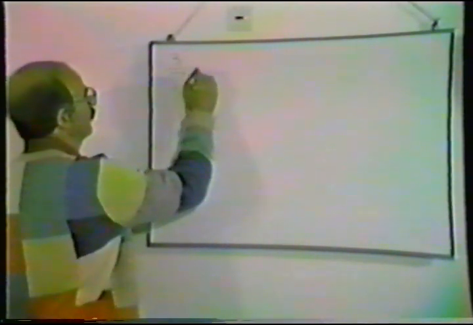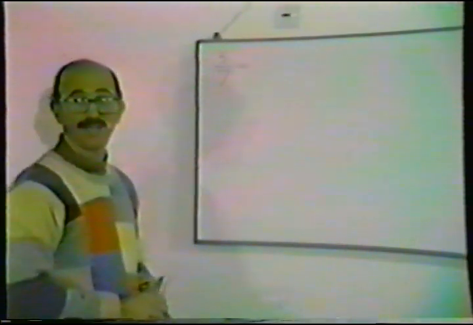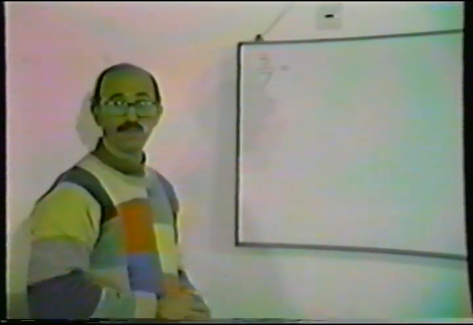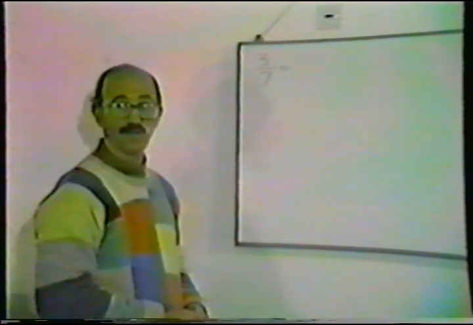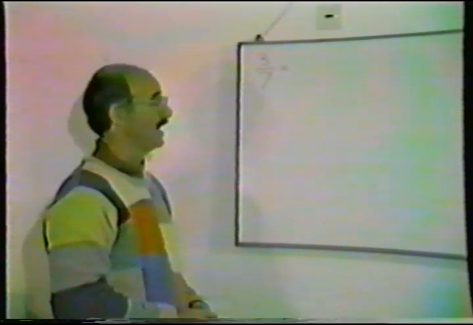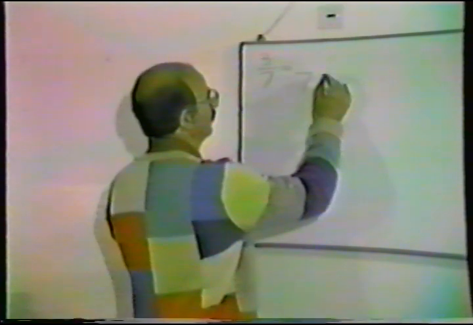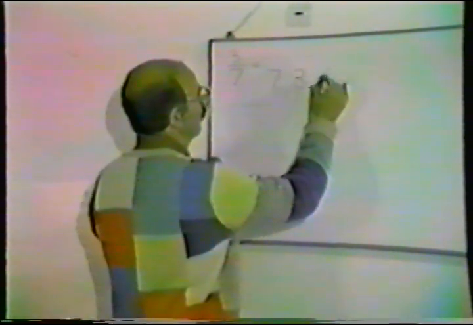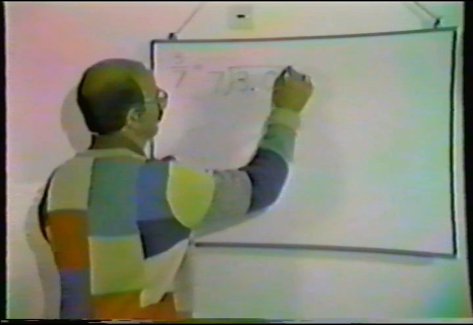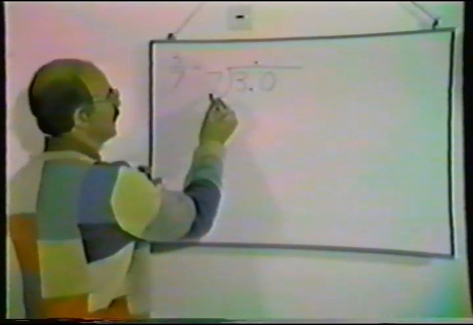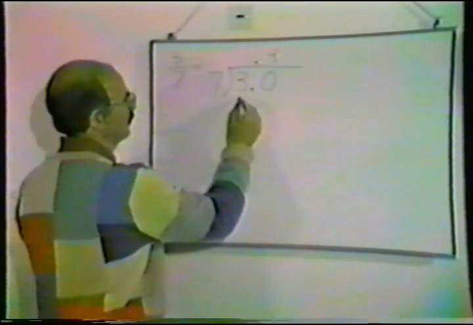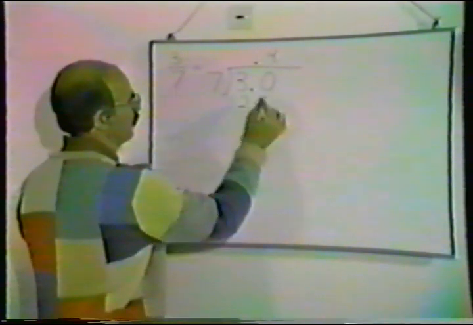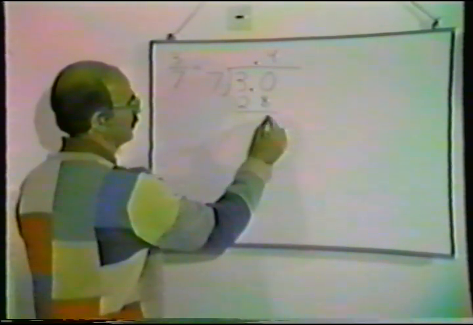3/7. Is the bottom number 10, 100, or 1,000? No. Can you make it 10 or 100? No. Can you reduce it? No. We'll have to divide 7 into 3.0. 7 into 30. 4. 4 times 7. 28. 30 take away 28. 2.